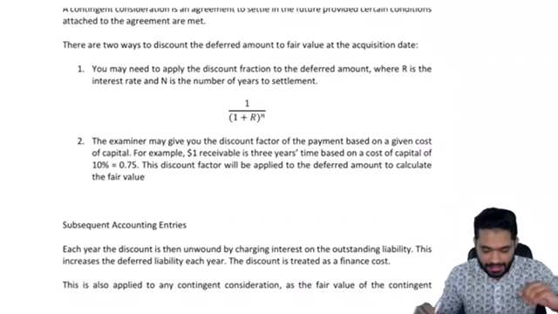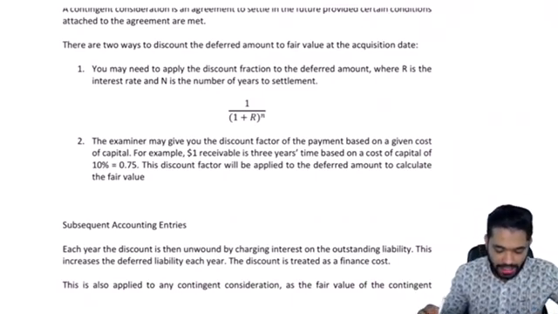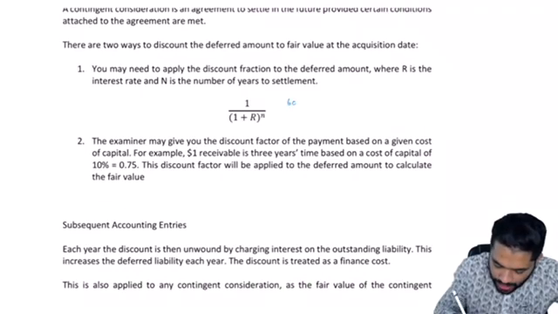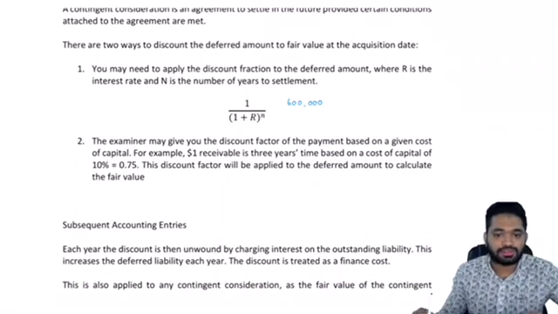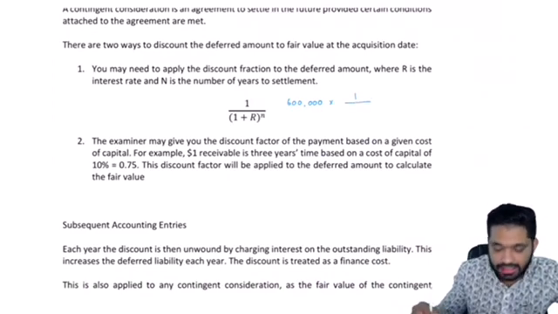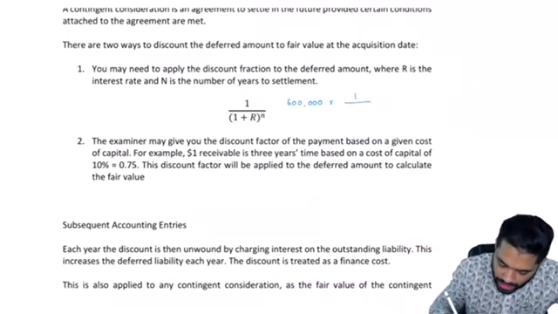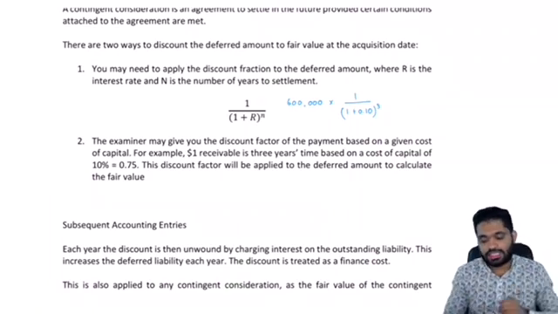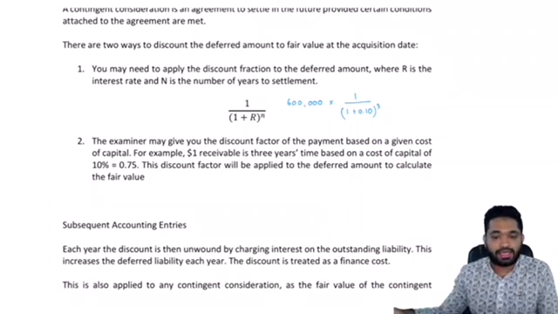Now for an example, let's say a company has to pay $600,000, and this 600,000 has to be paid in, let's say, 3 years. So it's 1 plus R, our cost of capital, let's say that's 10%. N is the number of years, so that's going to be 3.